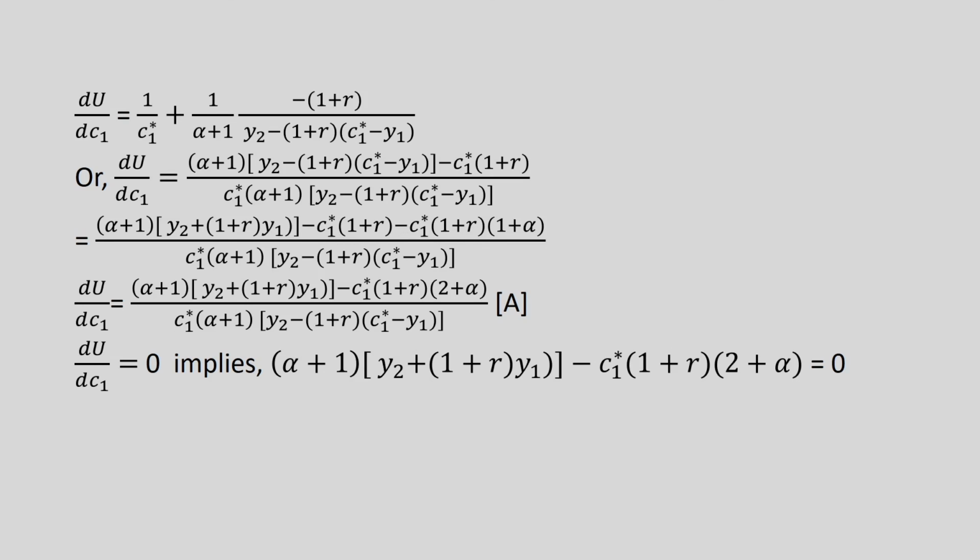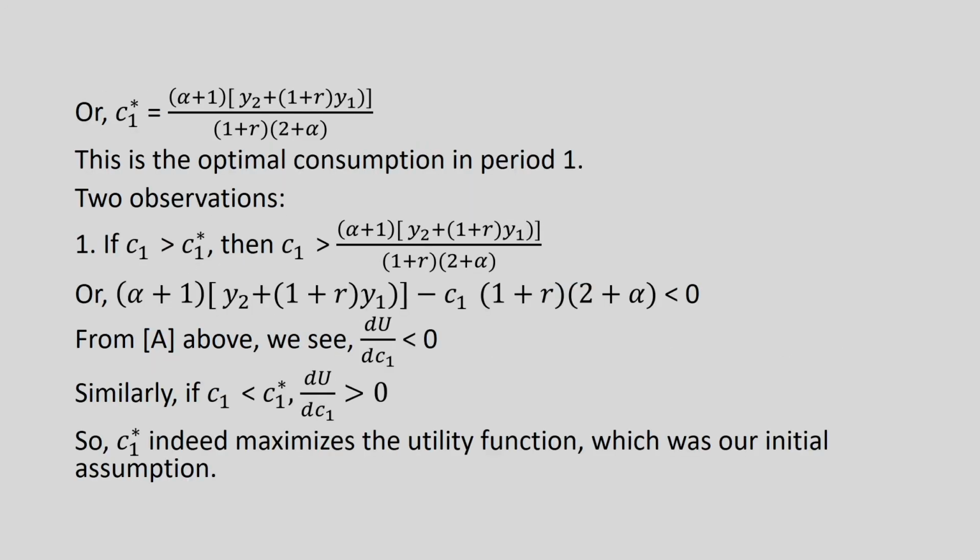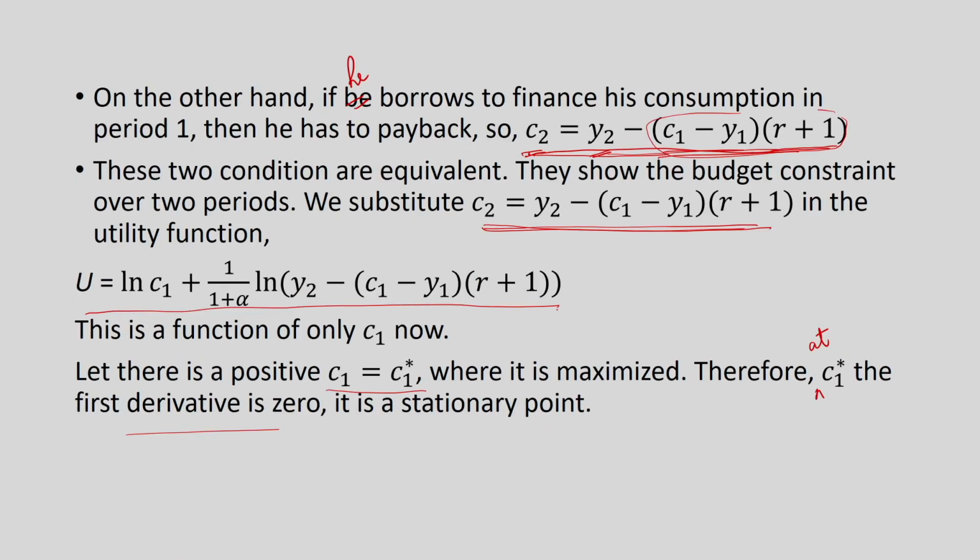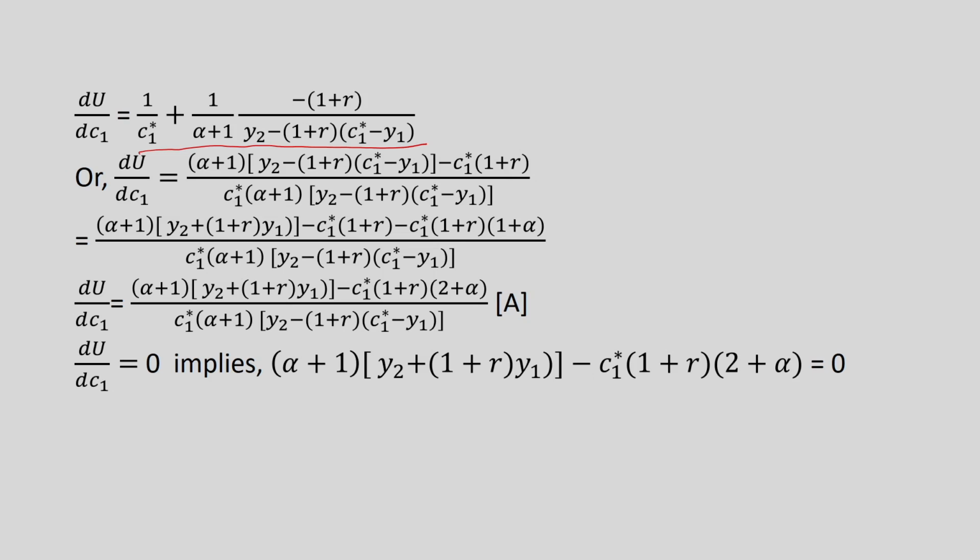I have taken the first derivative, and on the right hand side I have written what we get if we take the derivative of this function, and I am assuming that we are evaluating this function at the point of maximum, which is C1 star. So, every C1 has been replaced by C1 star. In the next step I have just taken these two things in the denominator, and it looks like a complicated expression, but it is not.